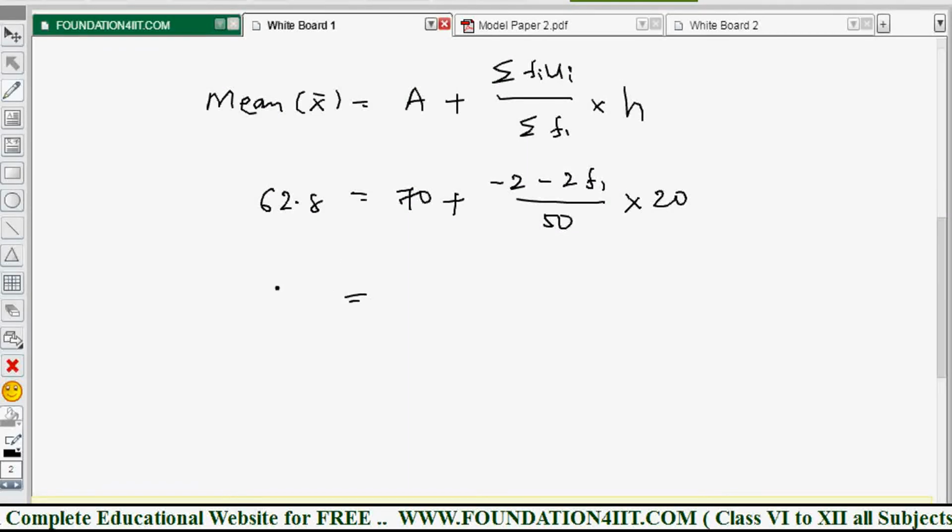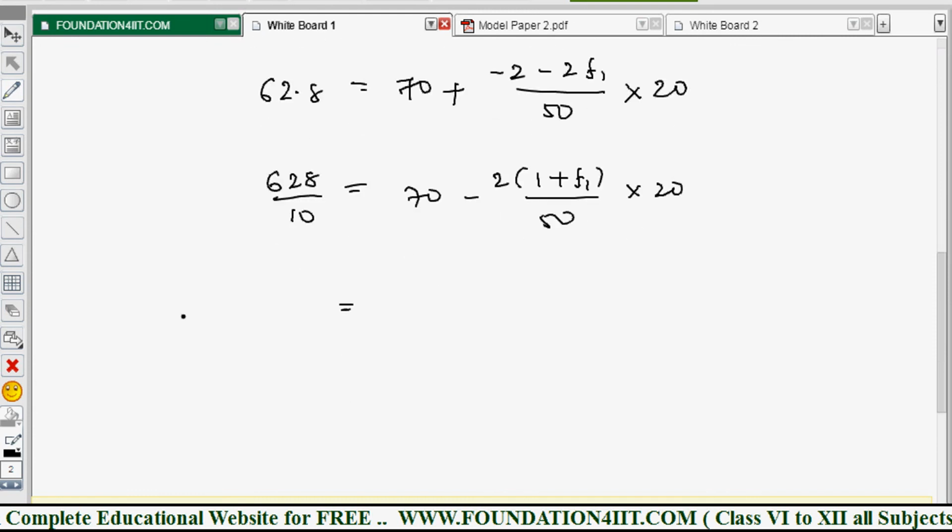So 62.8 you can write as 628 by 10, and this is 70. Take minus 2 common. Then 1 plus F1 by 50 into 20. Just for simplification I am doing this.